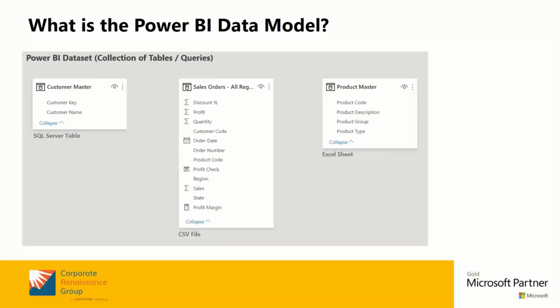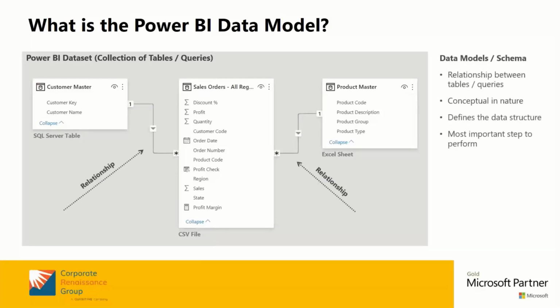But if you look at this example, if I have to start making sense, if I have to start creating meaningful reports, like for example, I want to show which are my top product group, which are my top product type in terms of my sales, I cannot do it without relating the tables to each other. Okay, the sales is in a different table, the product type is in a different table. So if you have to start making sense of these 3 tables, you have to start building relationships, right?